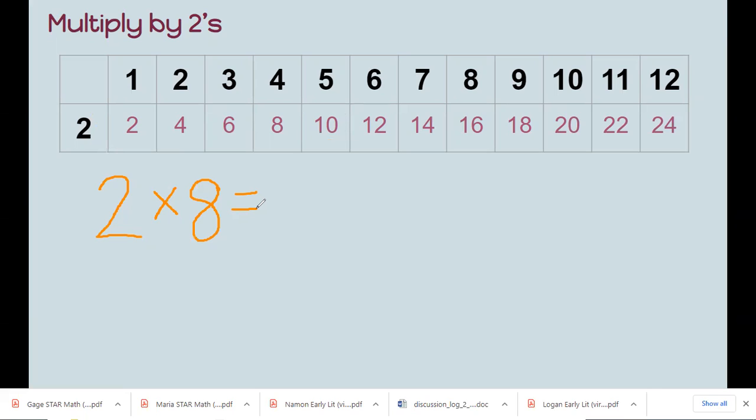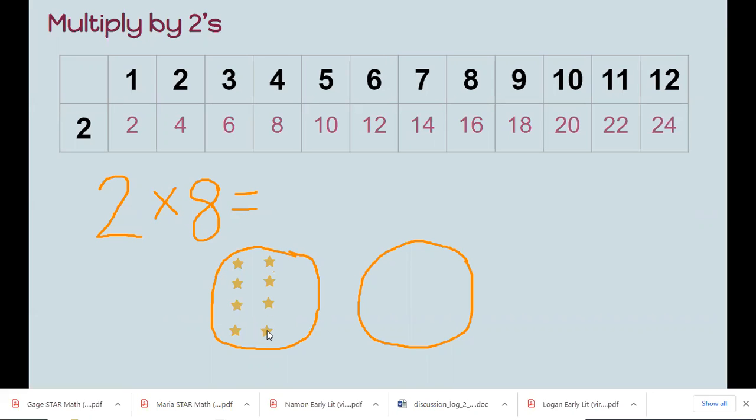Let's start by drawing our picture. 2 groups of 8, so I need 2 groups. Remember, make those circles big enough to put your counters in. Groups of 8, so my first group has 8, my second group has 8. 1, 2, 3, 4, 5, 6, 7, 8.